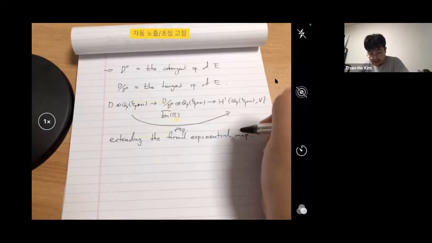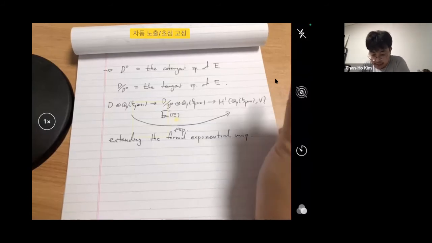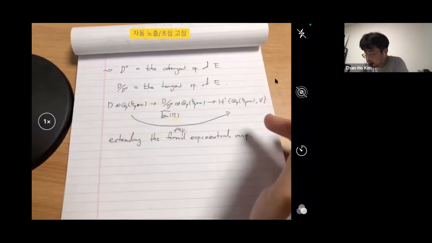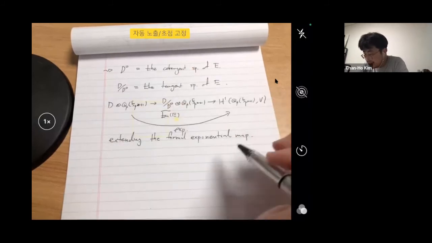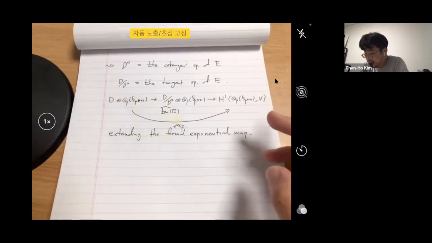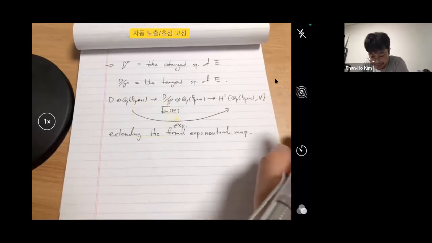Okay. Then we consider a certain element in here. A bit complicated formula appears because we really interpolate the finite layer stuff.